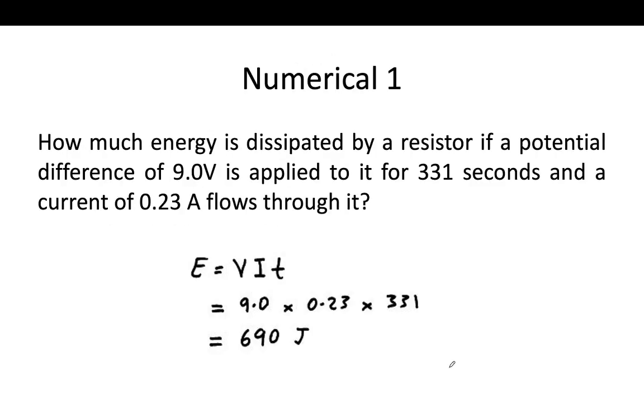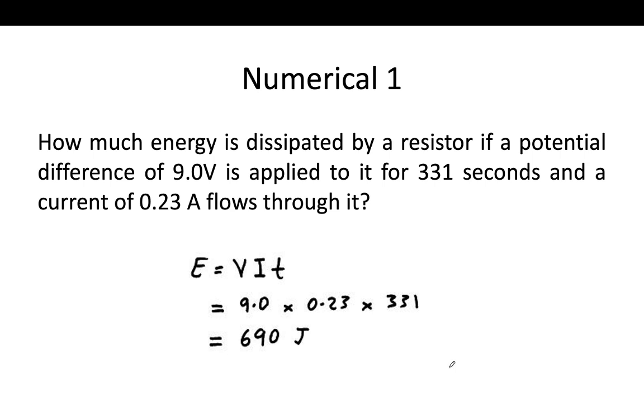So let's start numerical 1. The numerical states: how much energy is dissipated by a resistor if a potential difference of 9 volt is applied to it for 331 seconds and a current of 0.23 ampere flows through it.